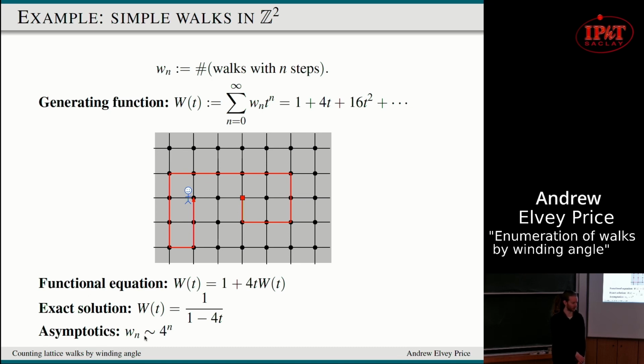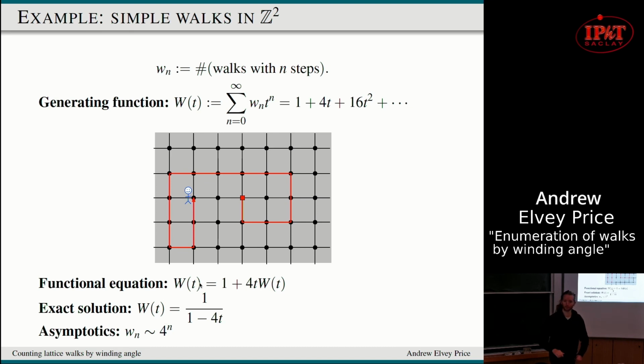For this example, you could of course just use a recursion or just the logic that for each step there are 4 choices, so for a walk of length n there are 4 to the n choices. But we'll see that it's often useful to consider functional equations rather than recursion.